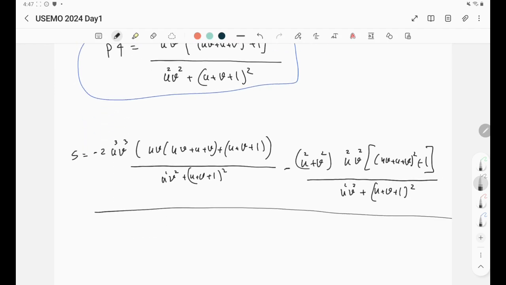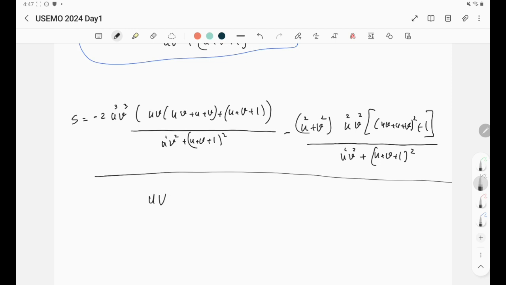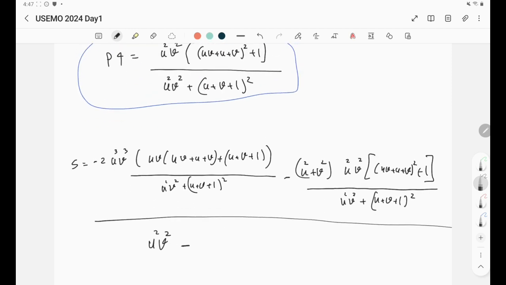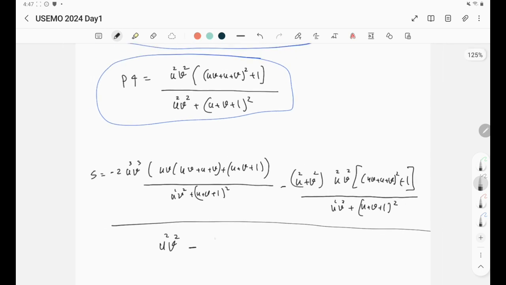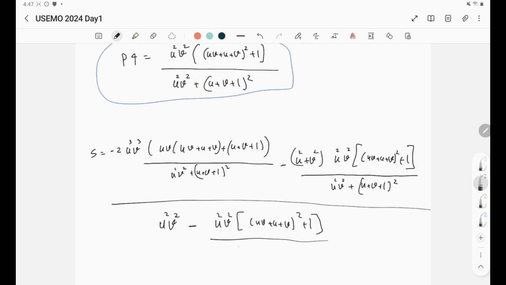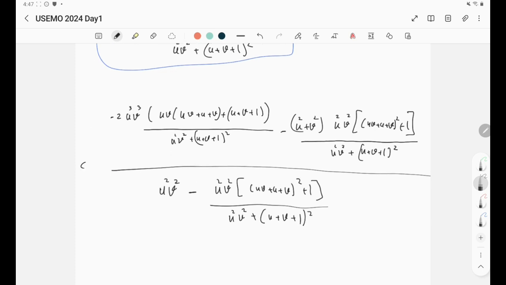The denominator is u square v square minus pq, that is u square v square uv plus u plus v squared plus 1 divided by this thing here. Okay, so this is basically S.